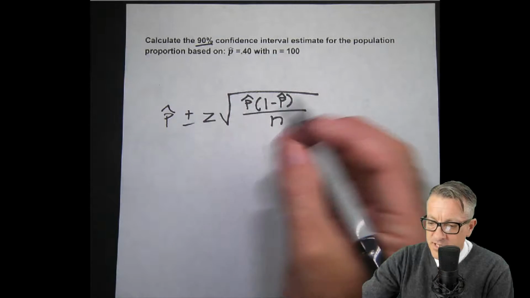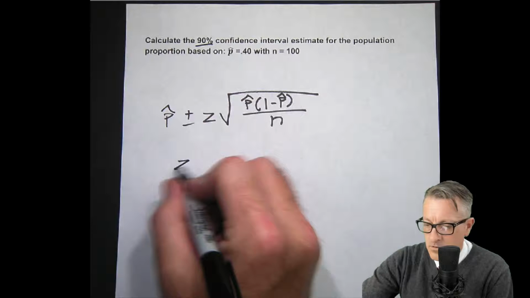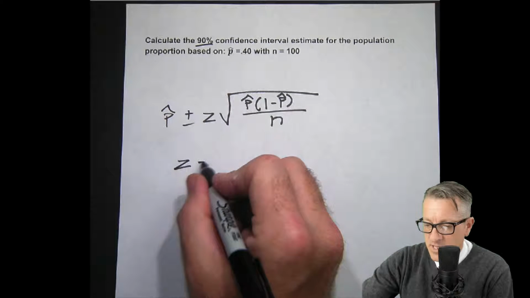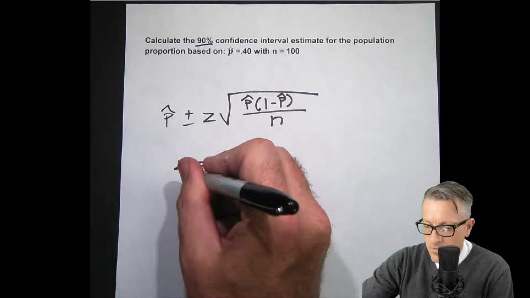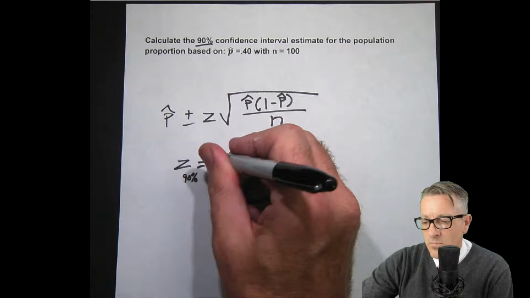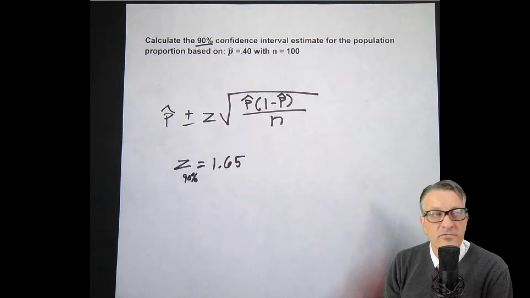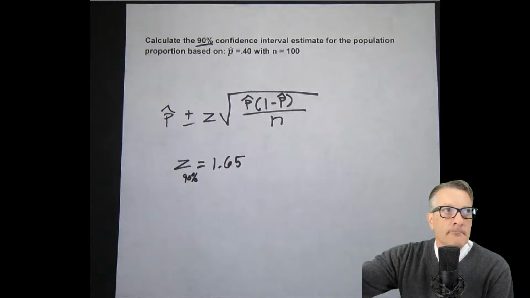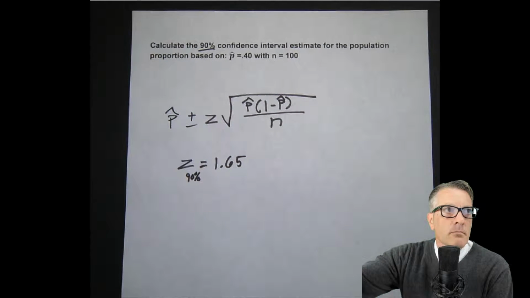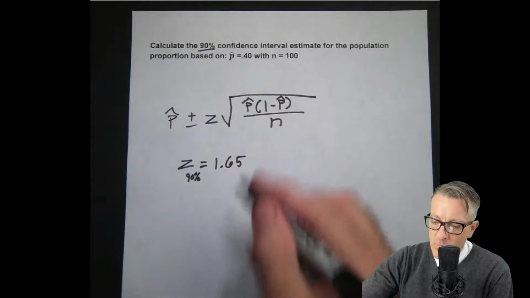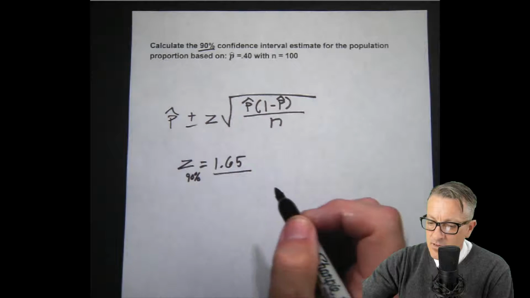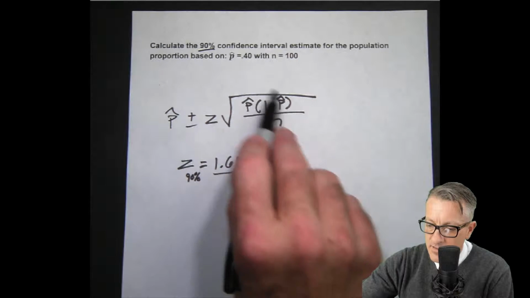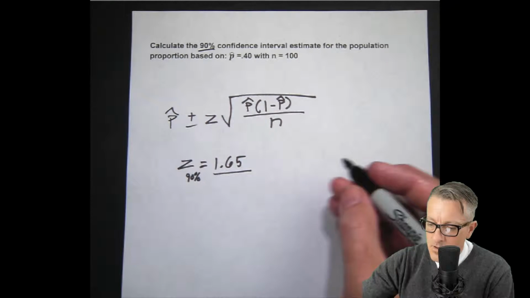Sometime I'll do a video just on that table because it's useful. Okay, so for our z value at the 90%, it is 1.65. So we have that value right there, which is our z. We already have our p hat. We're going to calculate this right now.